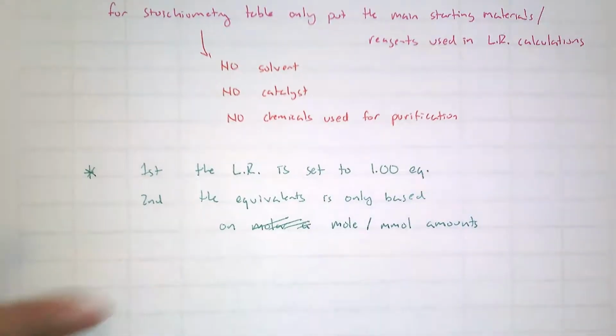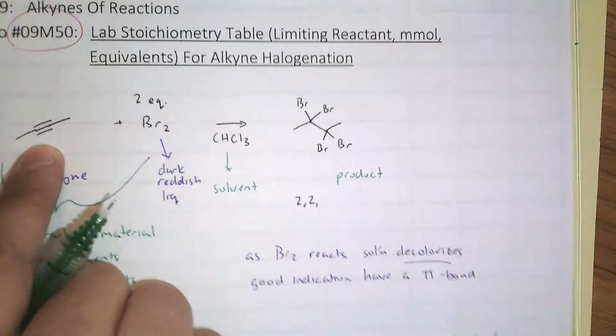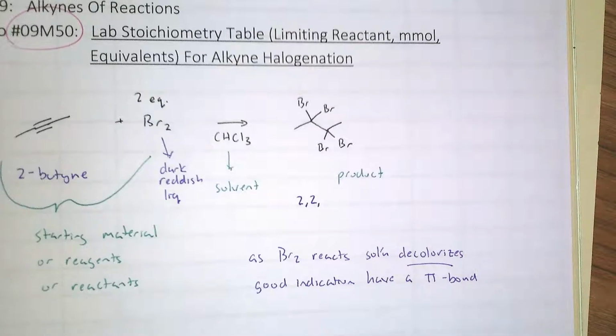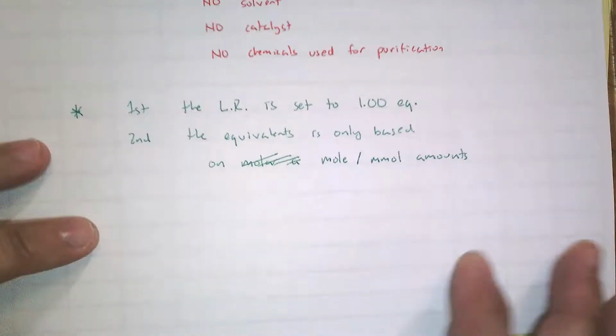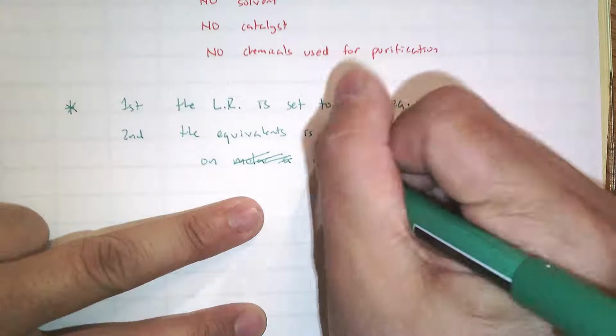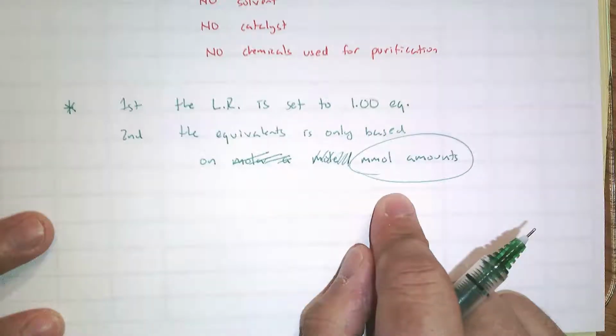Okay, don't worry about the ratio. Don't worry that it's a 1 to 2 to 1 ratio. We dealt with that already. We dealt with that when we figured out the limiting reactant. So only base it off of, and let's make it really simple, since you figured out millimoles, just base it off the millimole amount.